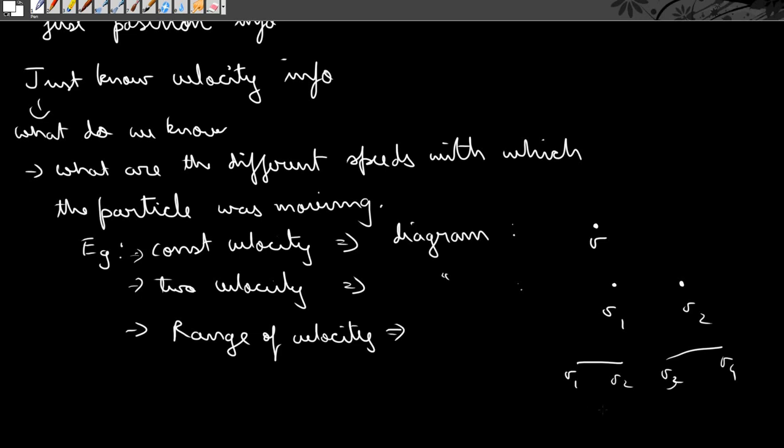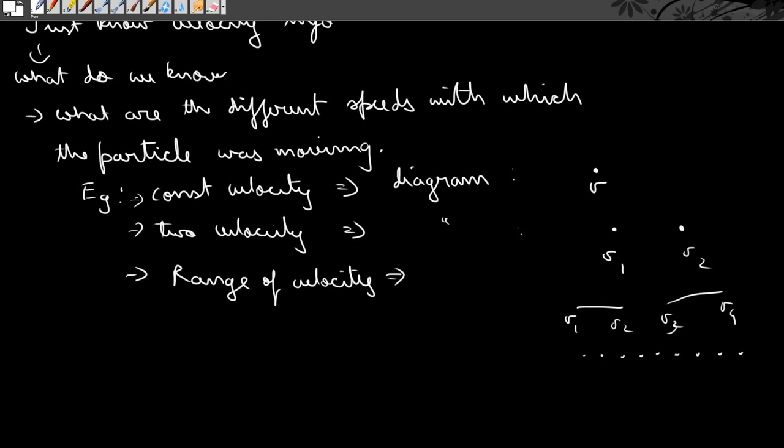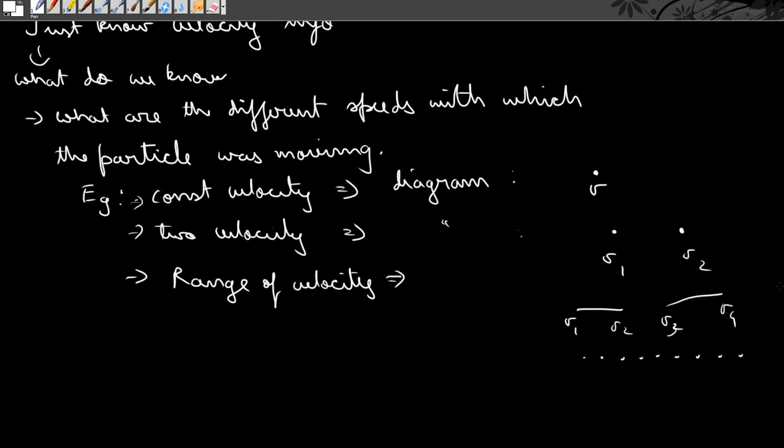It need not even be continuous. It can even be some discrete set of points, we do not know. Okay, so that is what we can imply by just knowing the velocity information. Okay, so that is what we know.